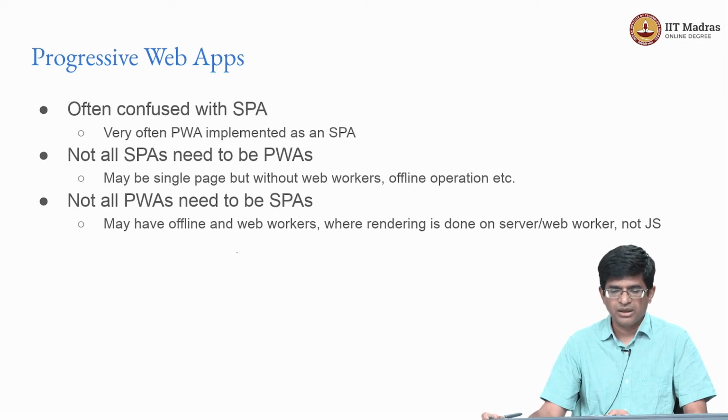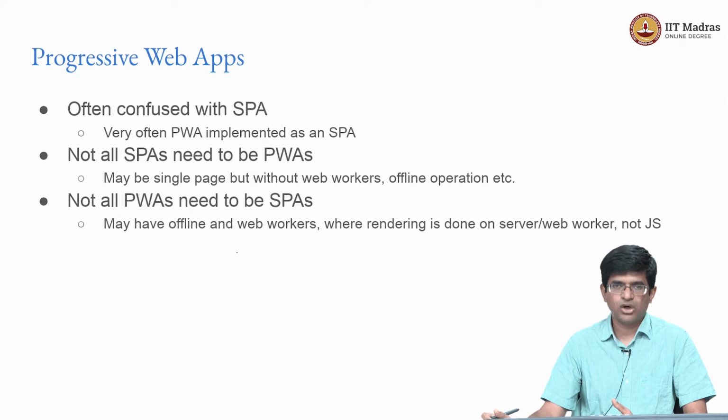One of the reasons for that confusion is that very often PWAs are implemented as SPAs. But there are certain things that people think of when they hear the term PWA which extend a little beyond what a plain SPA by itself is required to have.